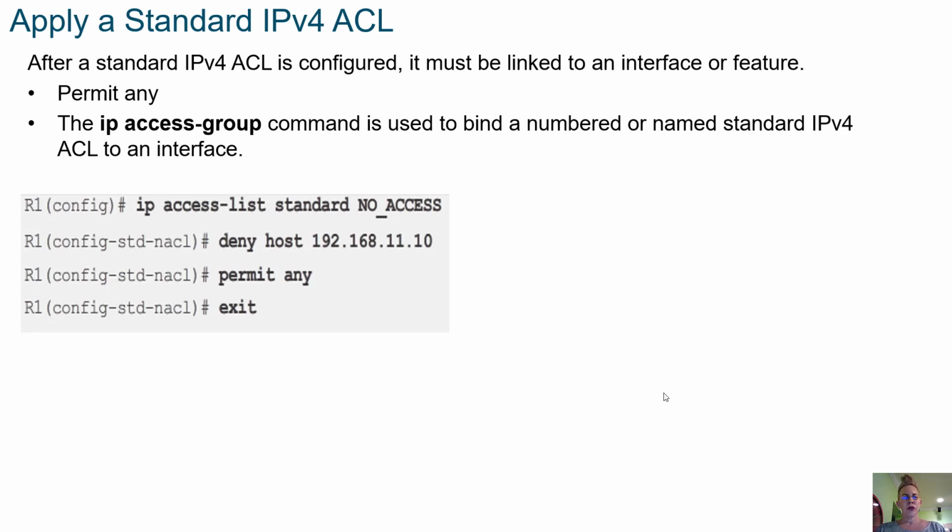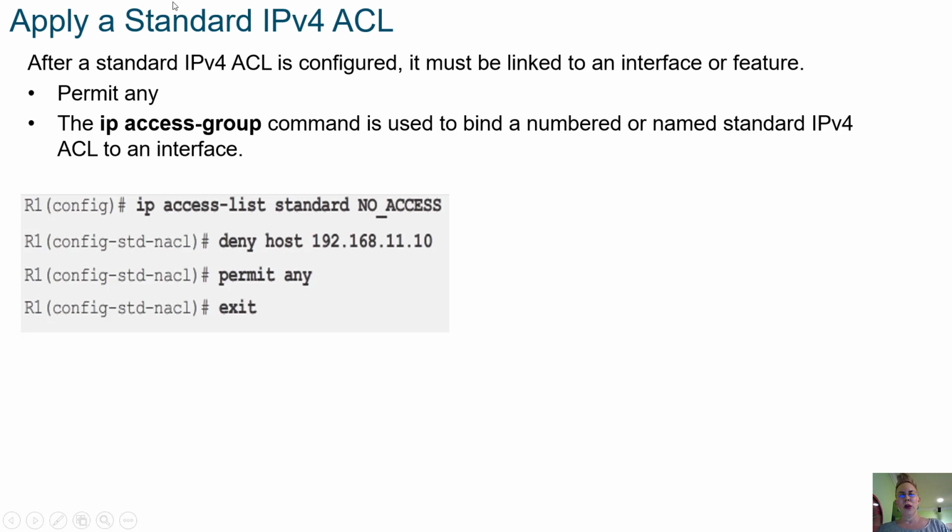So I also just want to make a comment about the permit any when we are creating and configuring access control lists. Sometimes if you are using a deny statement, for example, right here, remember, we would also have the implicit deny, which would deny everything else unless we follow up with a permit any.